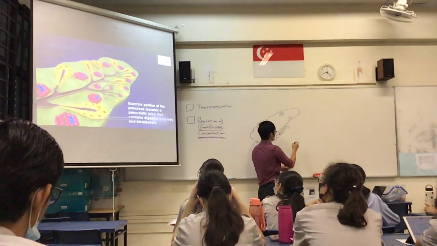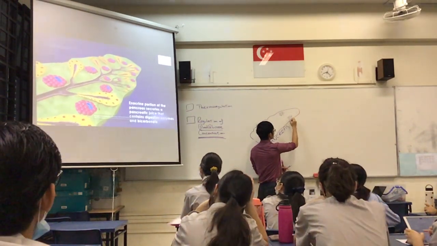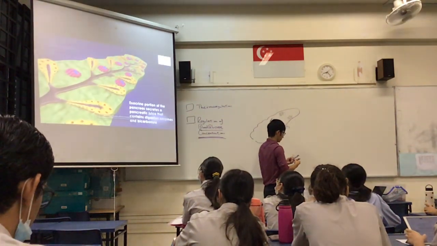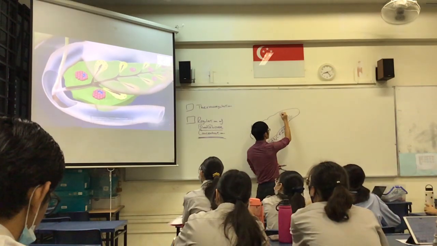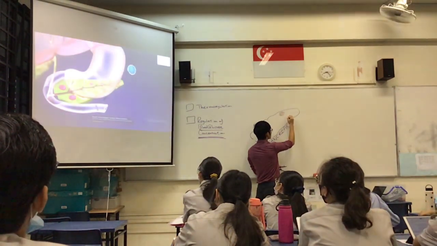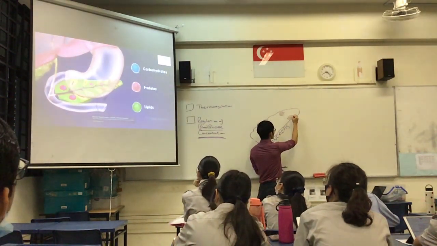The exocrine portion of the pancreas secretes a pancreatic juice that contains digestive enzymes and bicarbonate. This fluid flows into the small intestine where it further breaks down carbohydrates, proteins, and lipids.